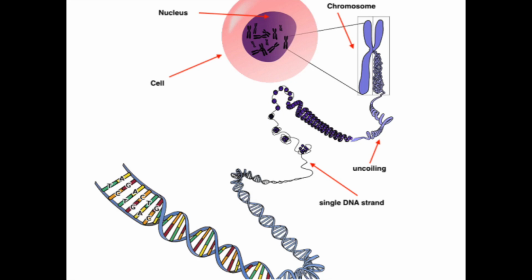This is a very typical model at the time that video was made, where you see the pink part at the upper part is the cell itself, which includes that purple region, the nucleus, and then within the nucleus are chromosomes, and then you'll notice they magnify that chromosome in this model, and you can see that one of the arms of the chromosome, which has been duplicated, one of the arms begins to unravel, or uncoiling, as it says here on the diagram, into a single DNA strand.